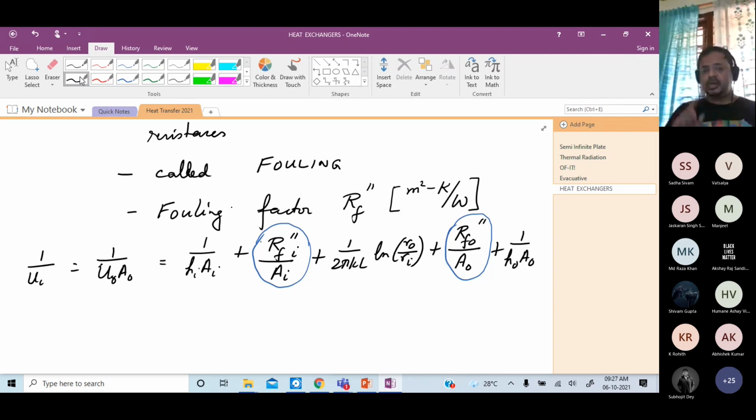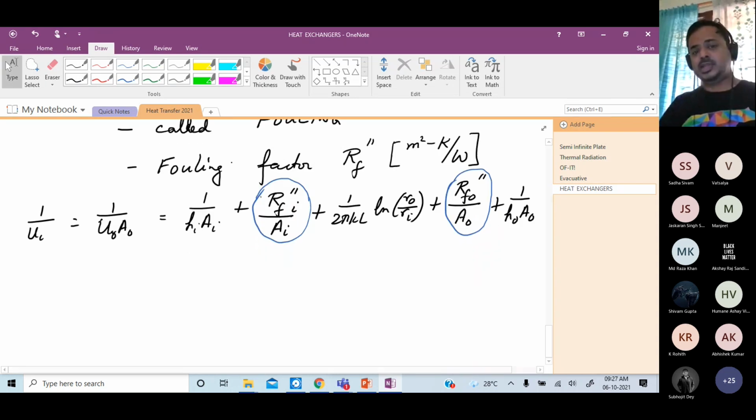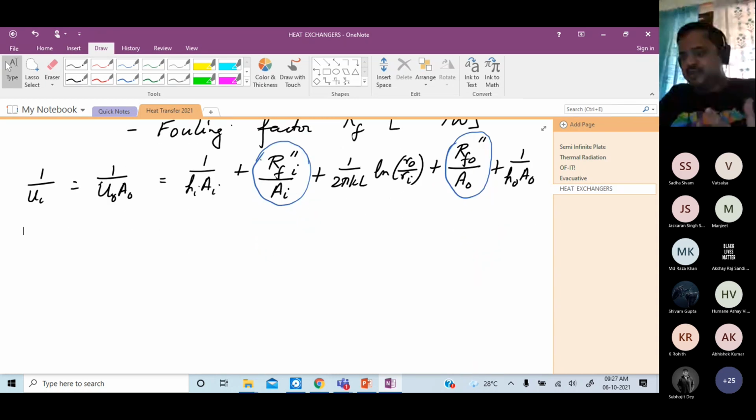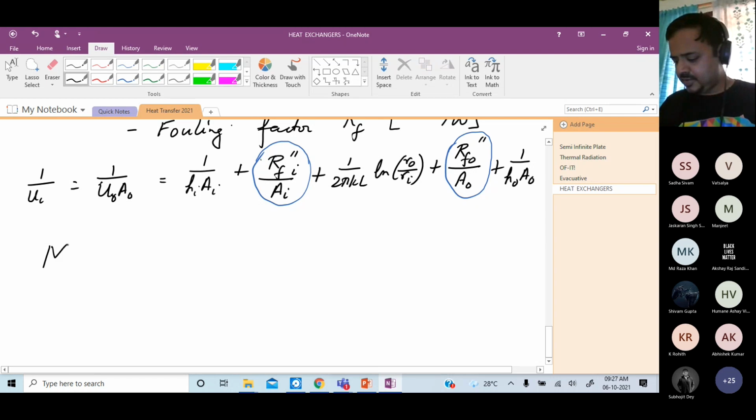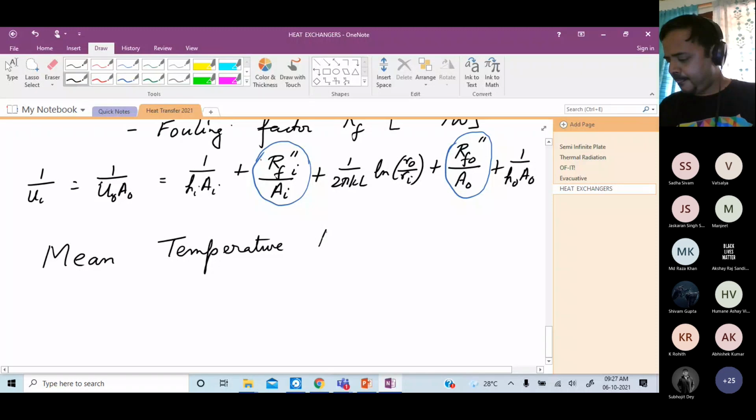So again, we are building up tools, just like we did in radiation. We are defining certain things. Overall heat transfer coefficient, an extremely important definition. We've done that. Now, hand in hand, I have to define something called the mean temperature difference.